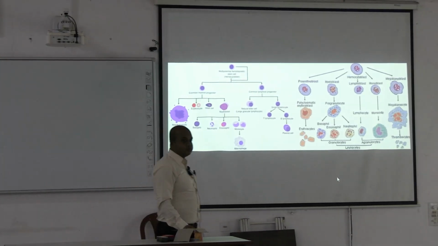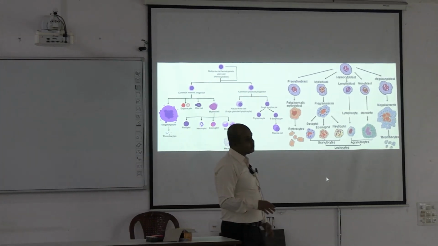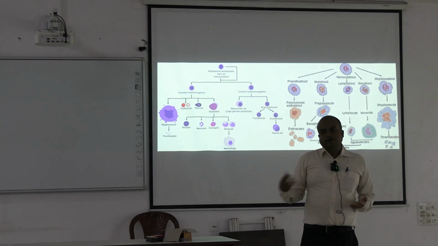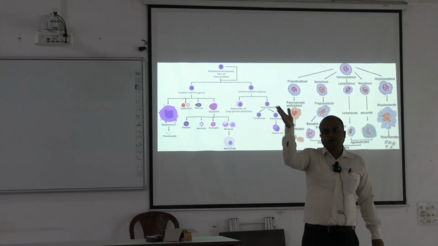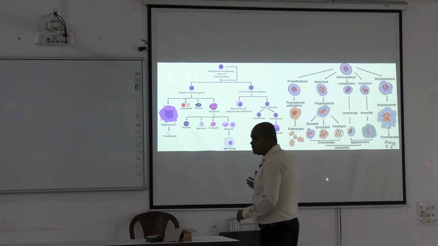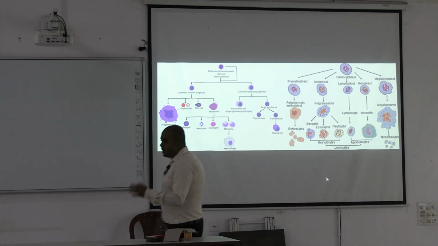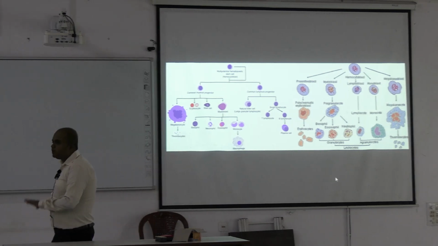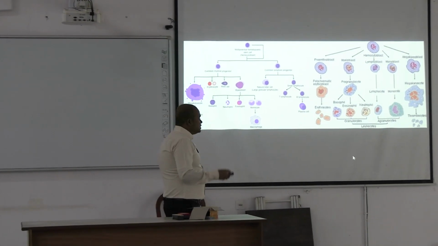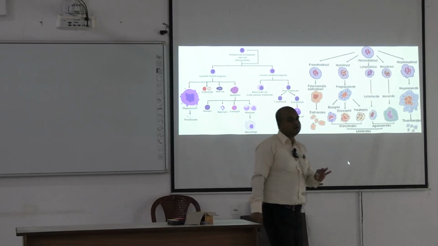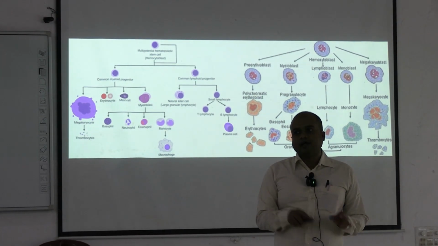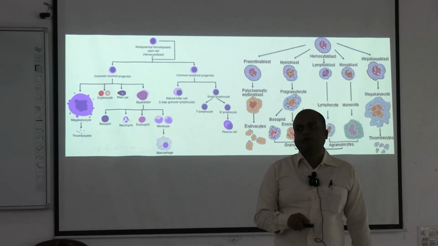Like erythropoiesis, leukopoiesis also involves the stem cells. The myeloid lineage goes to megakaryocytes, erythrocytes and the granulocytes among the leukocytes, and from the common lymphoid progenitor it is the lymphocytes.